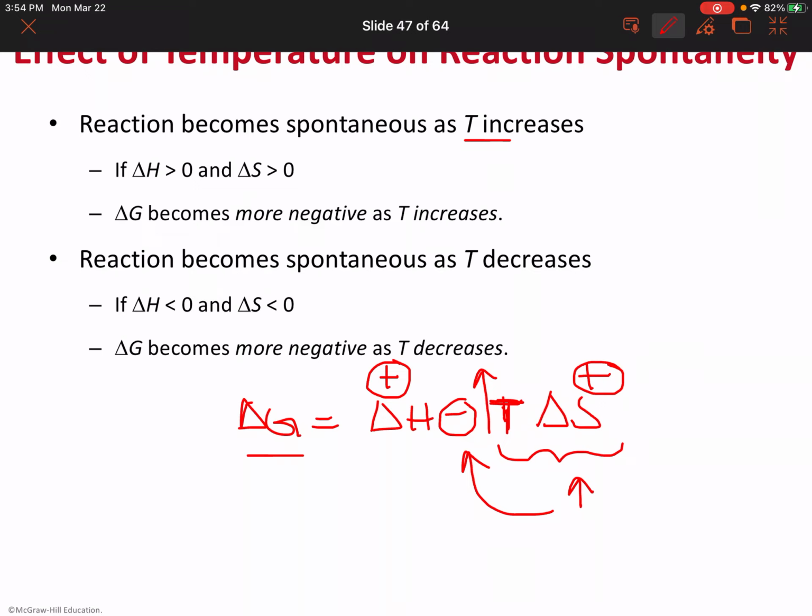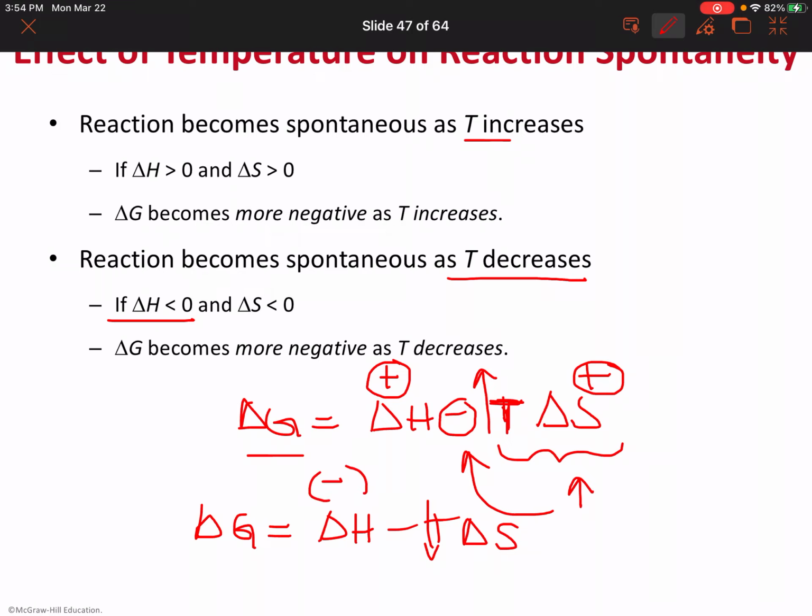The reaction becomes spontaneous as the temperature decreases. Let's look at it again. Delta G equals delta H minus T delta S. So we are decreasing the temperature. If delta H is less than 0, this term is negative, and entropy delta S also needs to be less than 0, negative. So this negative and this negative become positive.